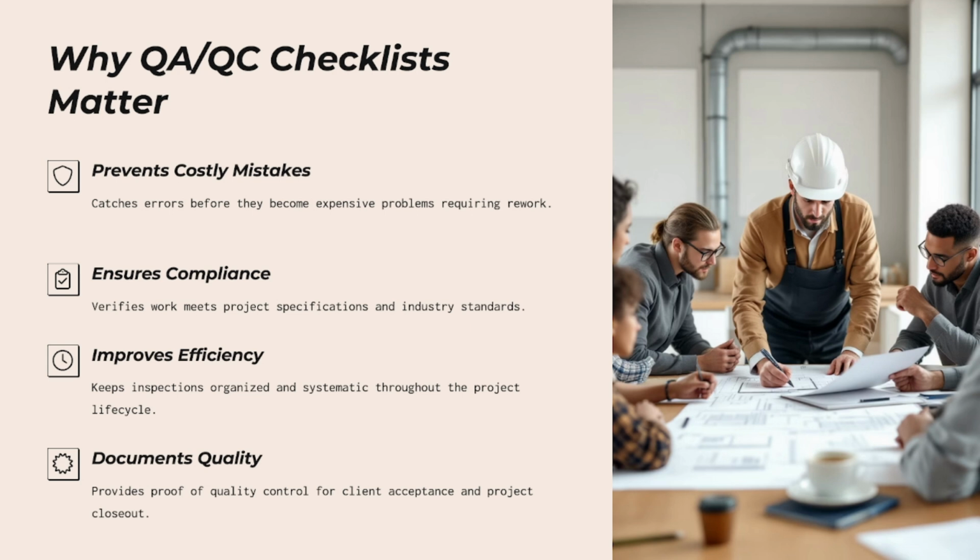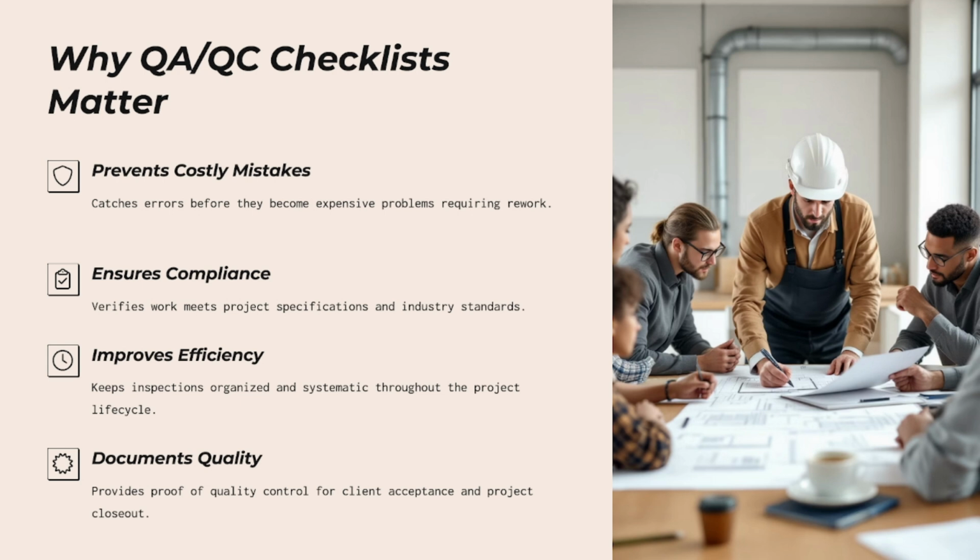The second is ensure compliance. The checklist should mention the project specification and its industrial standard, so that you can match the work done at site, or the material used at site, against the project specification.